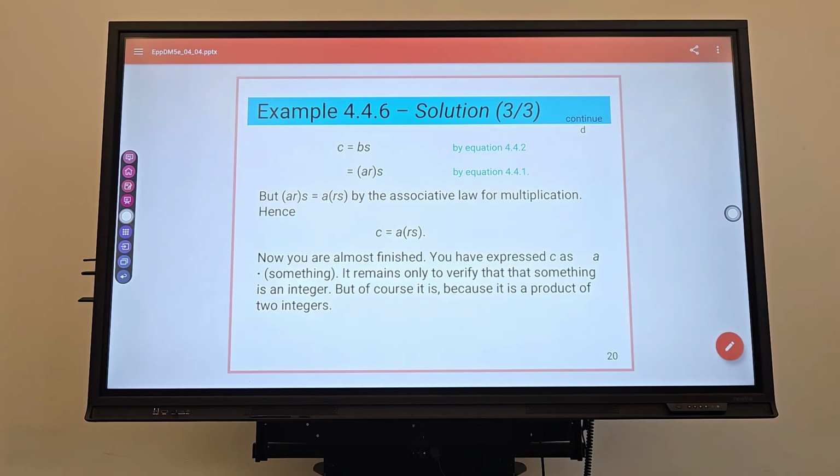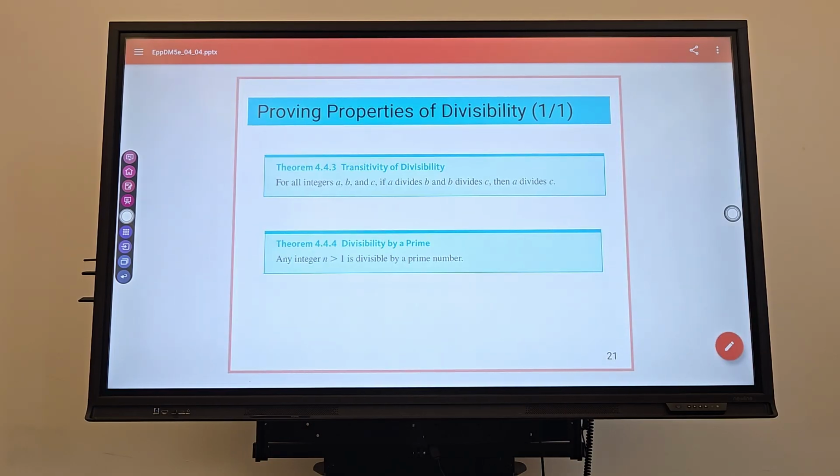When you do that, you have c equals ar times s, and by the associative law, you can say c equals a times rs, and a times something is what c is. But the product rs is an integer because it is a product of two integers. So for all integers a, b, and c, if a divides b and b divides c, then a divides c.